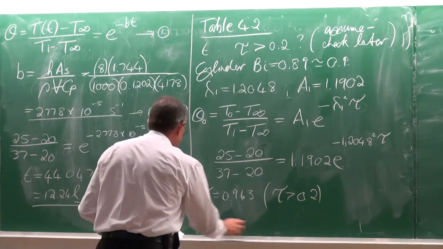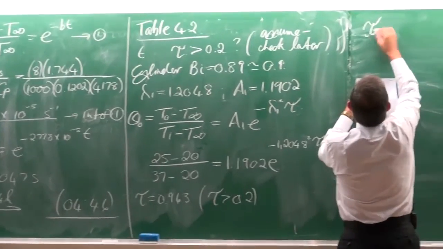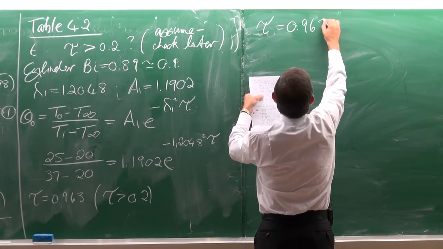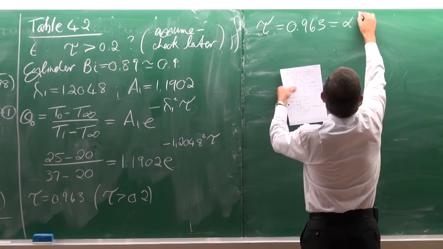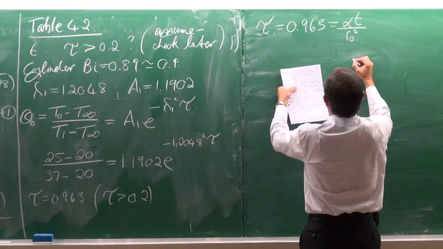And tau is equal to 0.963, and that is equal to alpha t divided by the radius square.